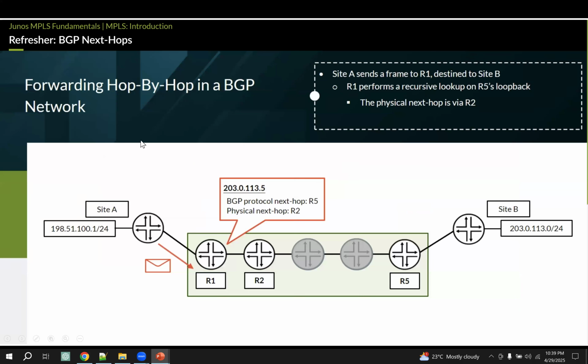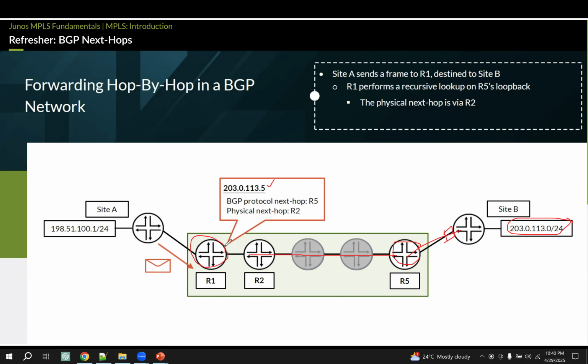So let's start forwarding hop by hop in a BGP network. Consider here, this is an eBGP peer. The BGP protocol next hop is R5, and the physical next hop is R2. Consider this prefix coming from side B via eBGP. I'm getting this prefix with the next hop of this interface IP address, and advertising this prefix into IBGP.